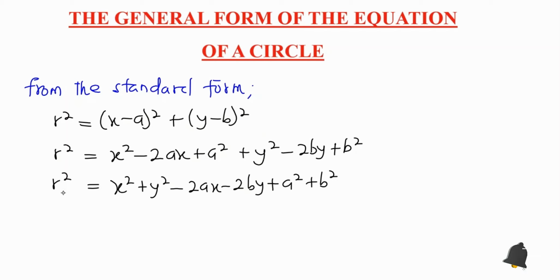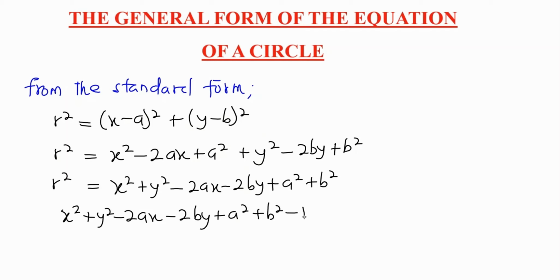Now we can also transpose R squared to the right hand side, equating everything to 0. Now that becomes X squared plus Y squared minus 2AX minus 2BY plus A squared plus B squared minus R squared is equal to 0.